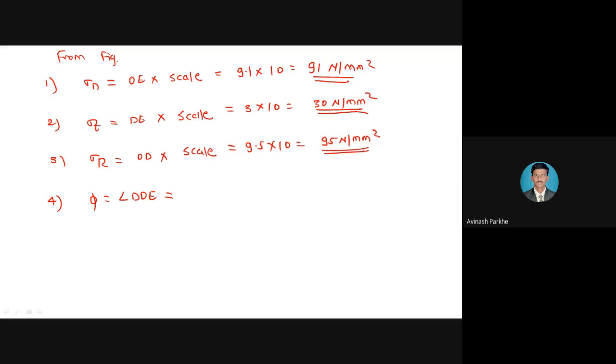Then measure the angle DOE. It represents the angle of obliquity, phi. Yes, what is the angle of obliquity? 19 degree. Yes, 18. Any other answer? 18, 19.